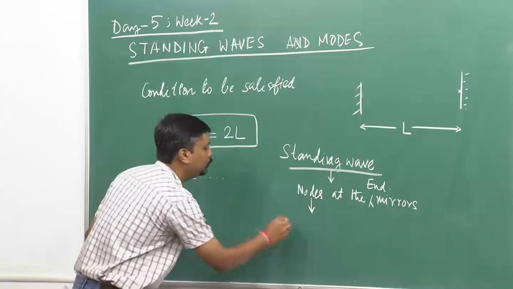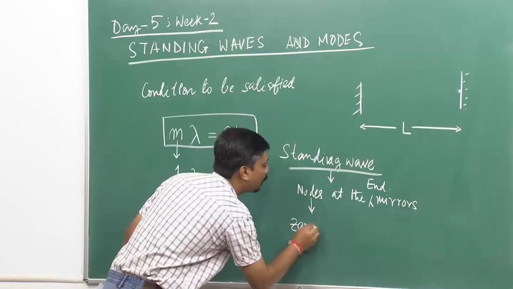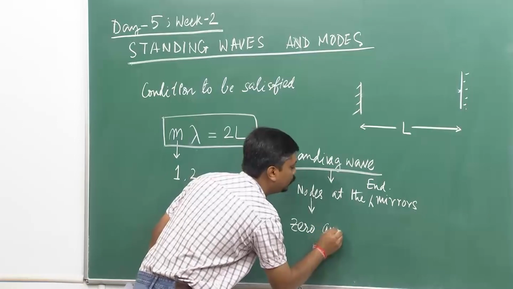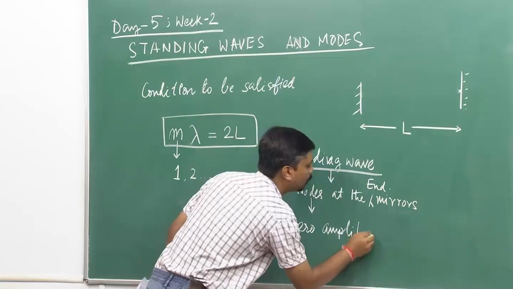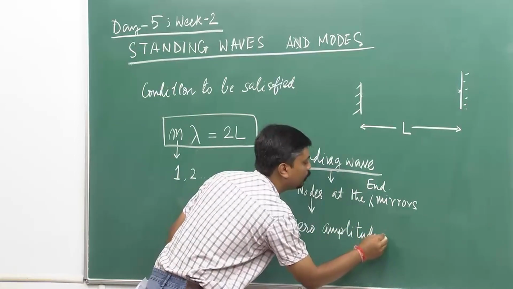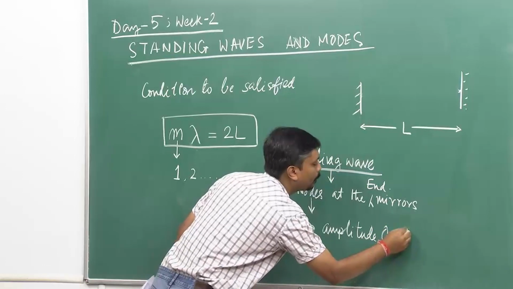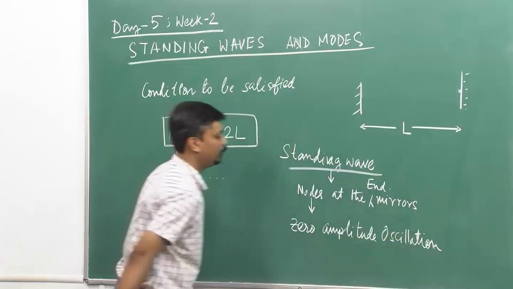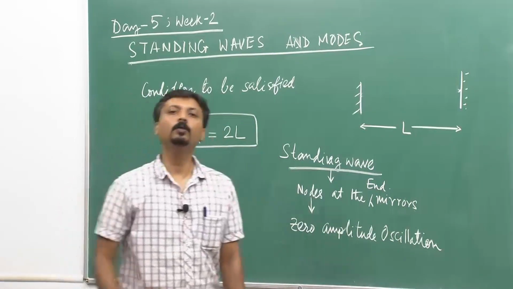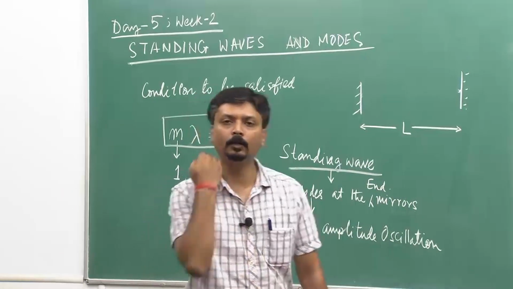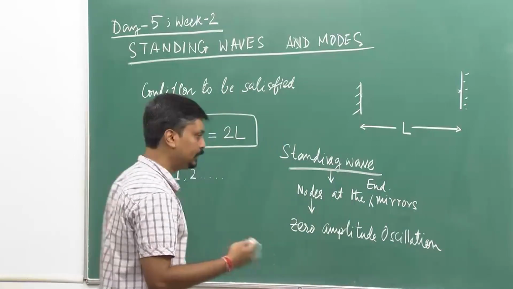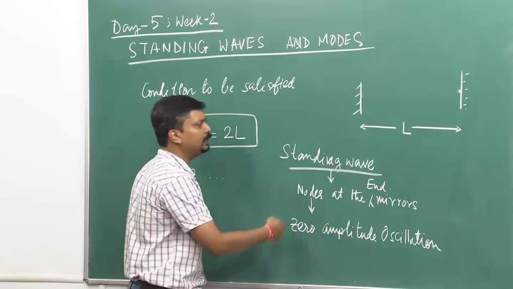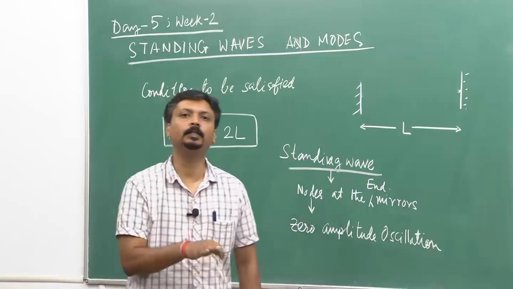So, this refers to 0 amplitude oscillation. I hope you know this, and that you are not hearing it for the first time. Now, we are just redefining things in the present context.